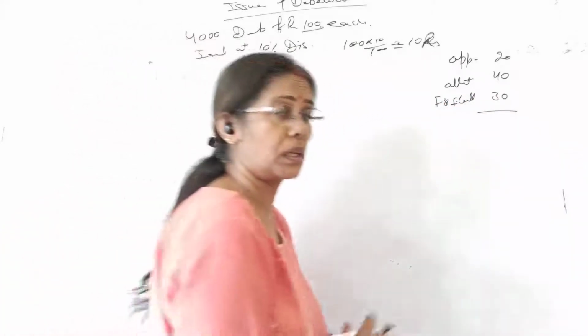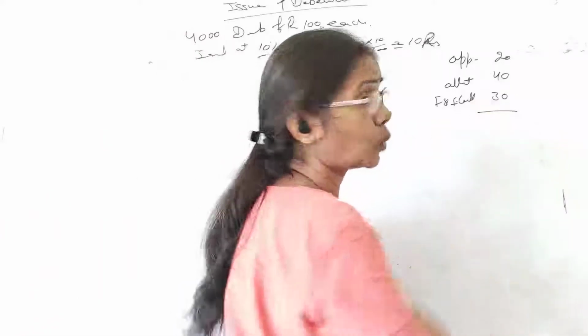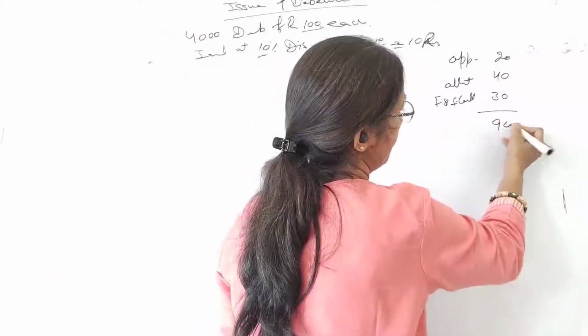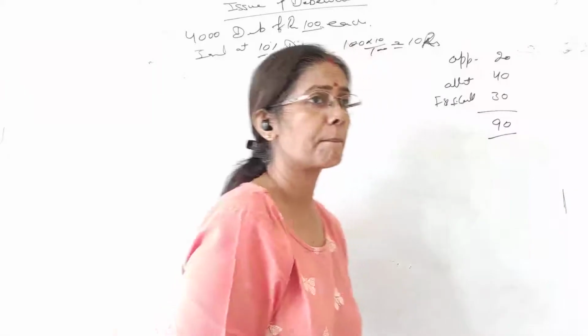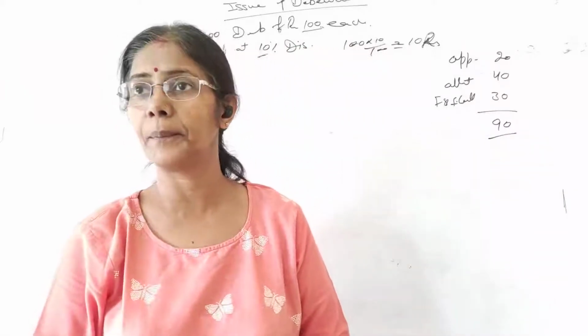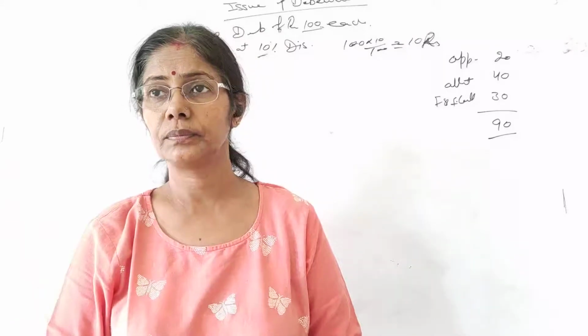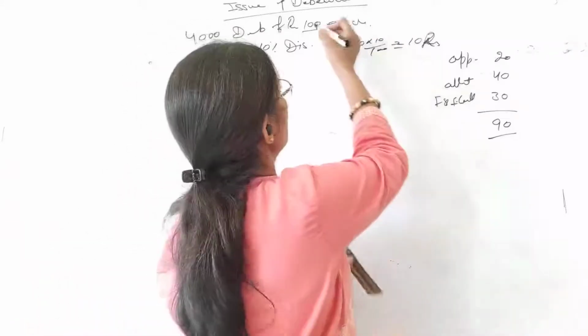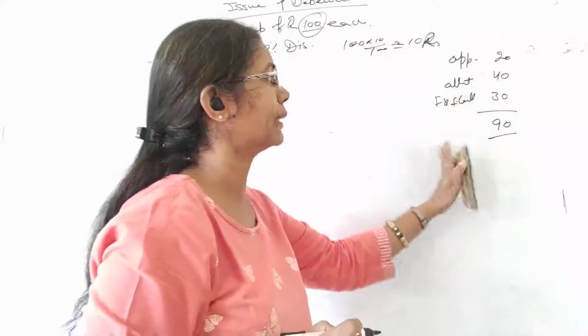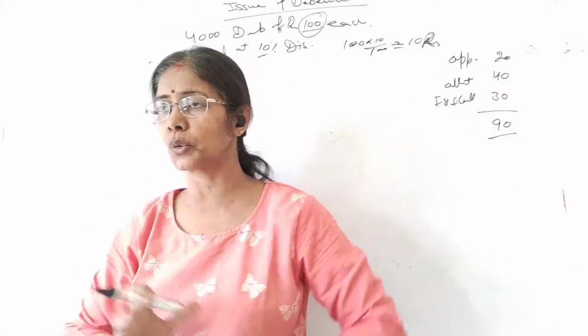So what is its total? What is its total? 90. So what does your mind say? The face value is given as 100, and as we do the calculation, we found it at 90 rupees.